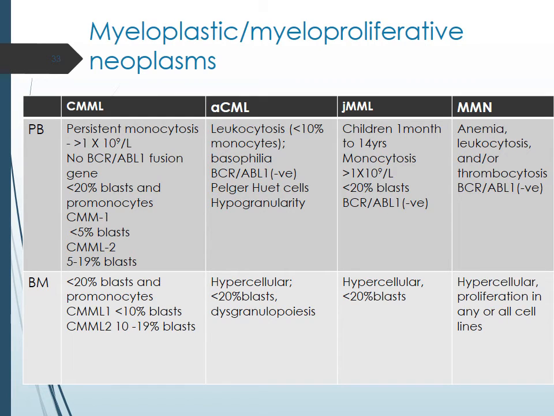Let's look at atypical chronic myeloid leukemia. In these patients you also have BCR-ABL1 negativity. This is also called atypical CML. You have leukocytosis, and morphologically dysplastic neutrophils and their precursors are seen.